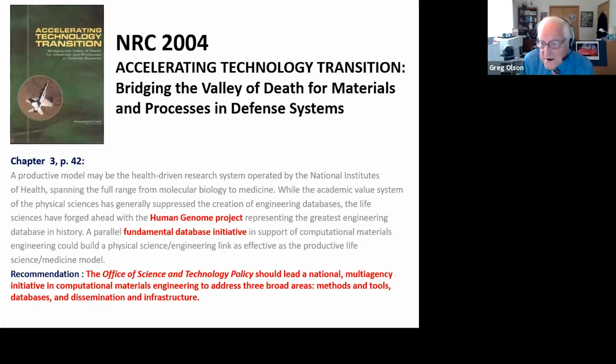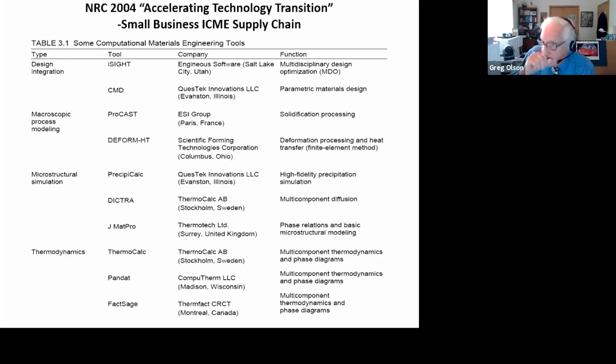Now, there have been many academy studies acknowledging the new opportunity of computational materials engineering, but one thing that was unique about the 2004 study was the leading role of a global network of small businesses that created and maintained this technology and made this possible.